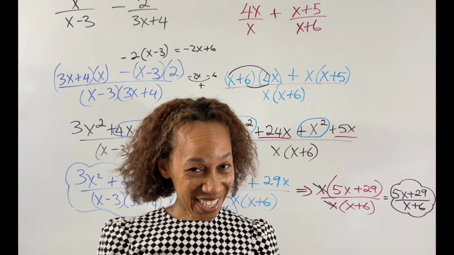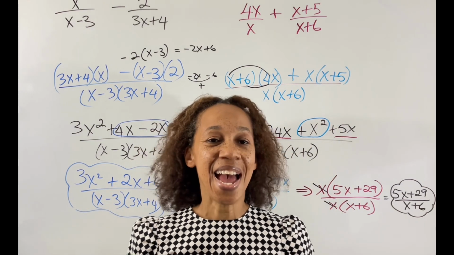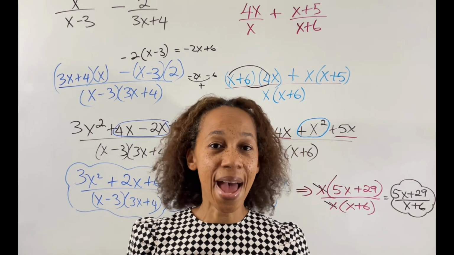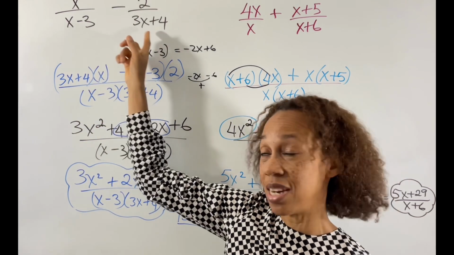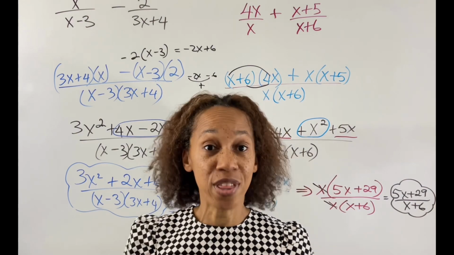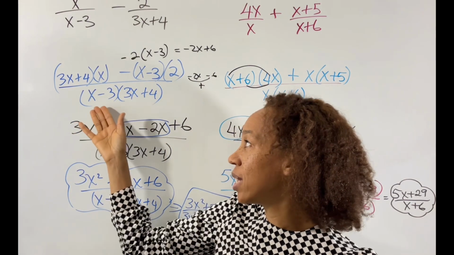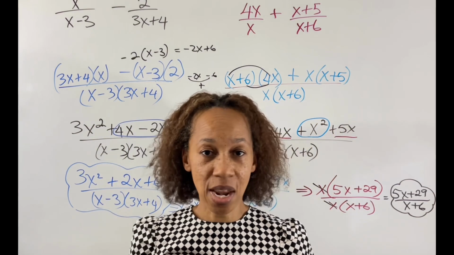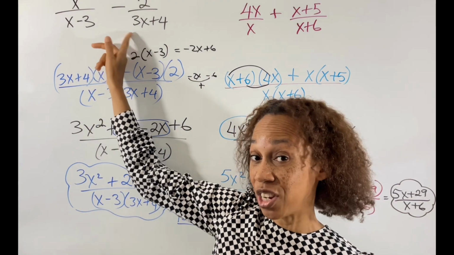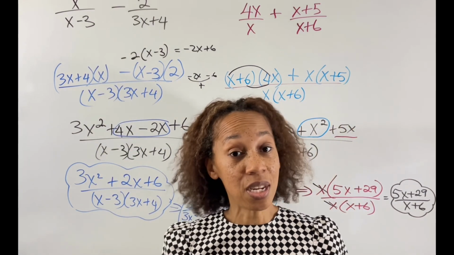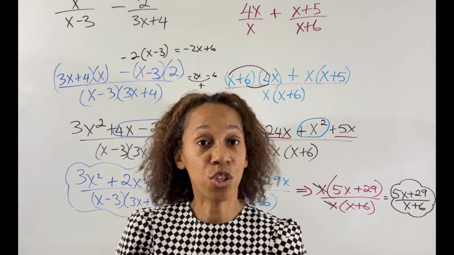So in conclusion, I hope that this lesson has helped you tremendously, and that now you know how to add and subtract rational expressions with uncommon denominators. You have to look out for that. Once the denominators are uncommon, you have to treat it like this, and you cannot just use one number at the bottom because the denominators here are different. If the denominators were not different, then you could have gone ahead and treated it differently.